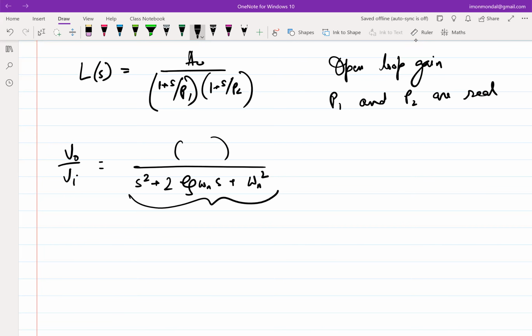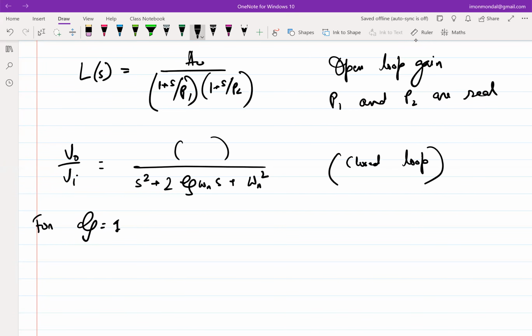So, then we also saw that while coming from L of S to V naught over Vi, there was a certain relationship between zeta and P1 and P2. And we further concluded that in order to make the closed loop system critically damped, we had to ensure that zeta is equal to 1.